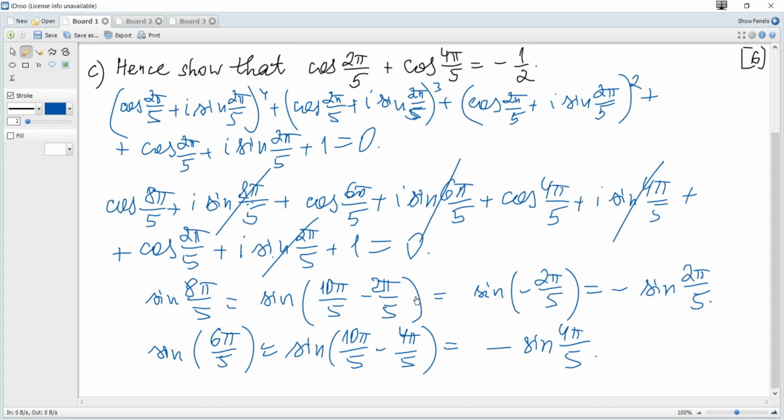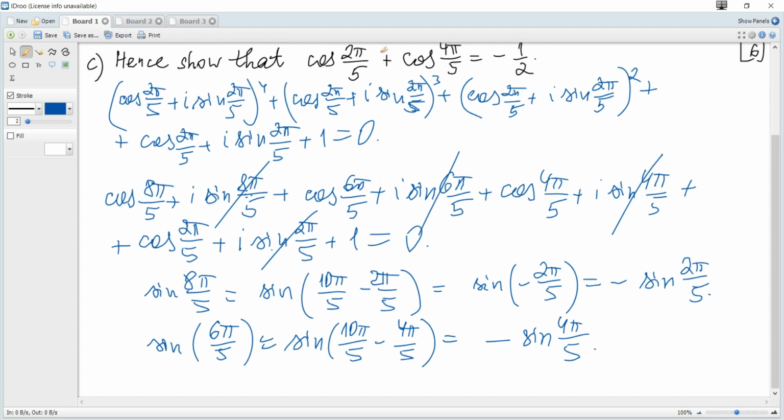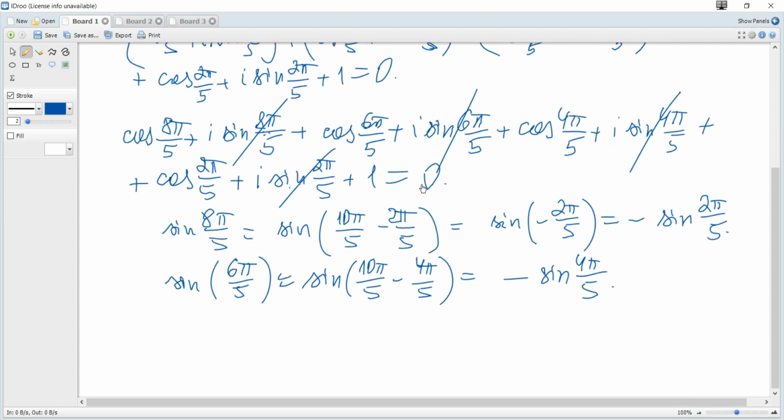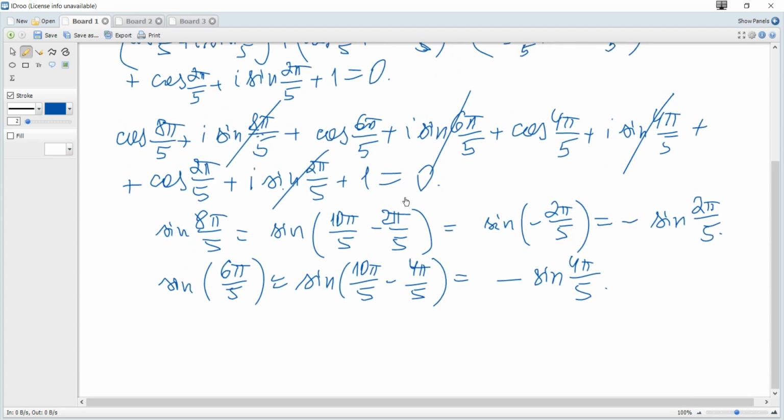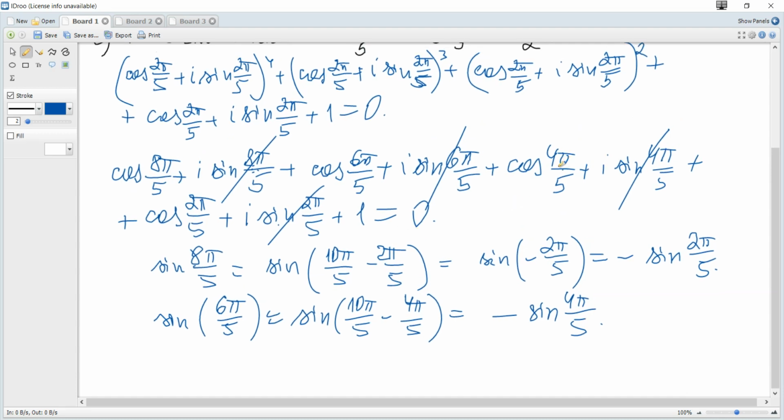And now let's consider the cosines. You can see that there must be only 2 pi over 5 and 4 pi over 5, so we can do the same with cosine.